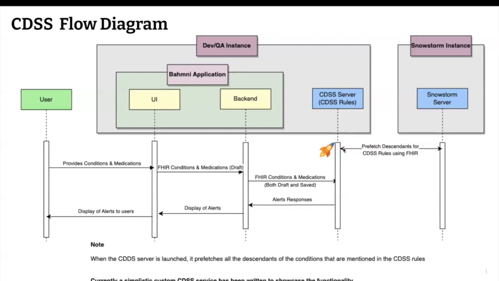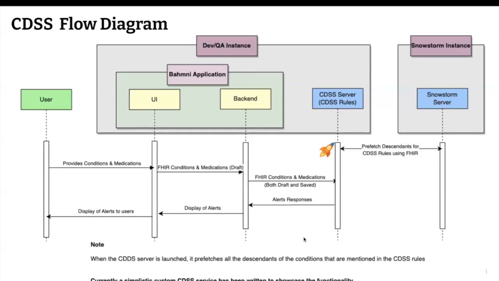In the CDSS server, the rules are processed, and if there are any alert responses, it sends those alert responses to the backend. The backend displays these alerts to the UI, and the UI displays the alerts to the users.